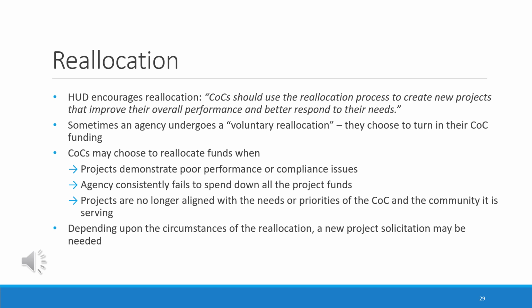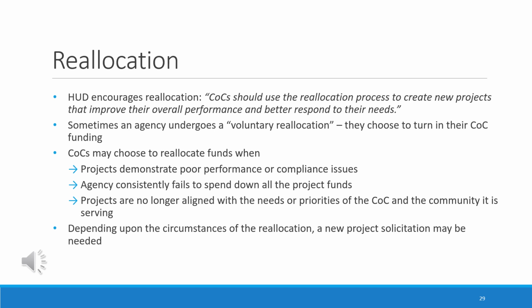CoCs may choose to reallocate funds when projects demonstrate poor performance or compliance issues, an agency consistently fails to spend down all the project funds it has, or projects are no longer aligned with the needs or priorities of the CoC and the community they are serving.